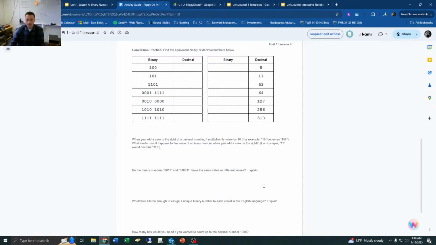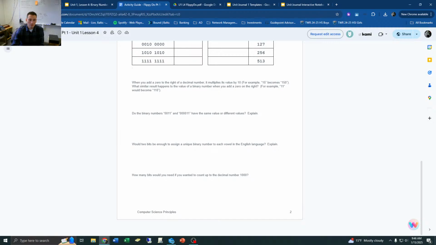Let's work through this problem. So I need to double up to, after 128, because I've got 1, 2, 4, 8, 16, 32, 64, 128. Even if I added all of those numbers together, I would only have 255.